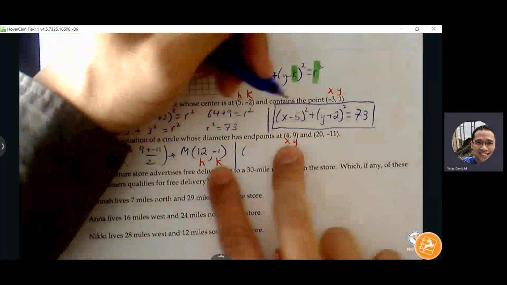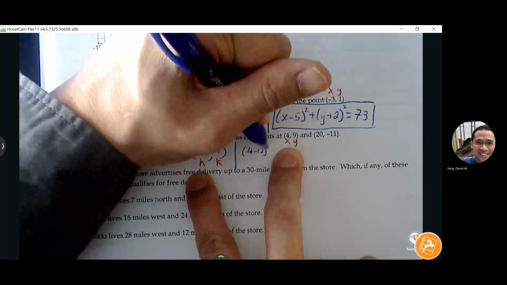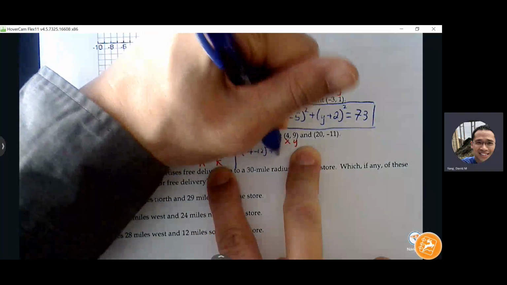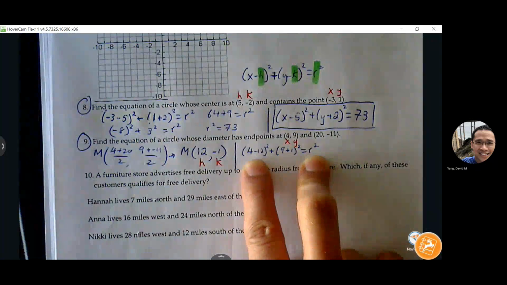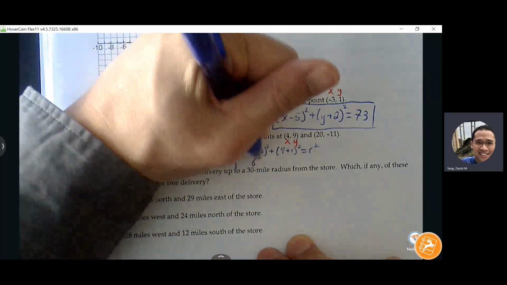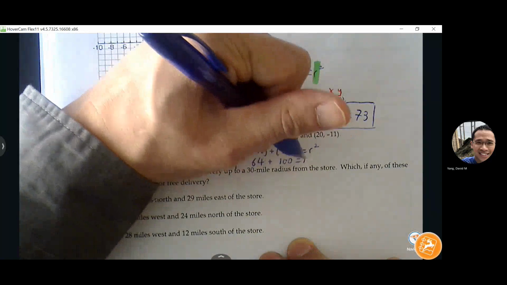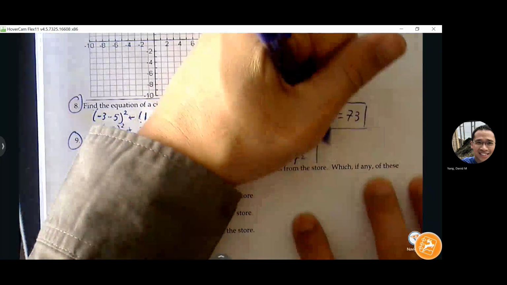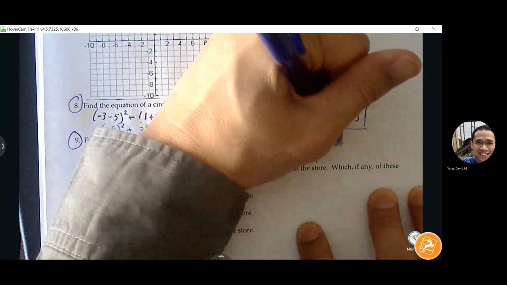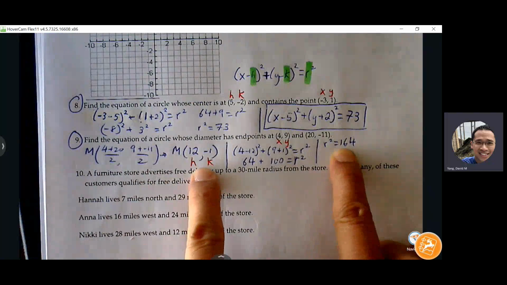Okay, so x minus h squared, y minus k squared, -8 squared is 64. 10 squared is 100. I have my radius, I have my center.